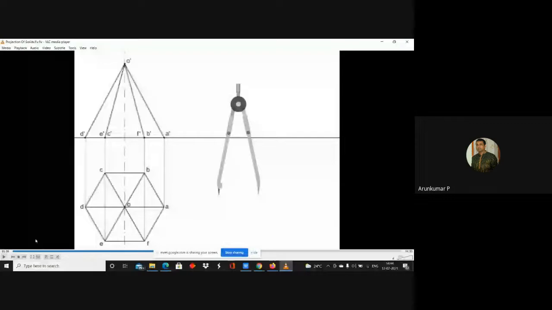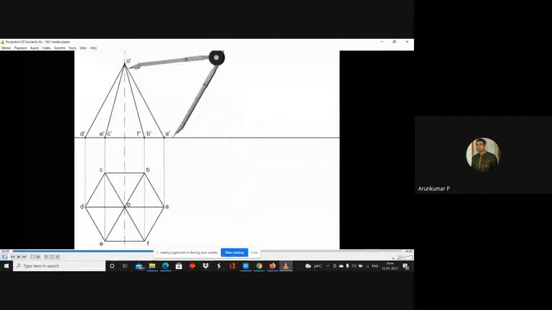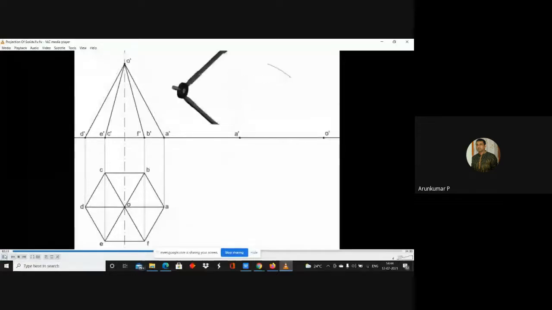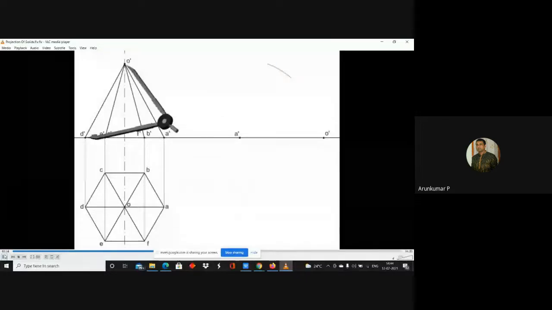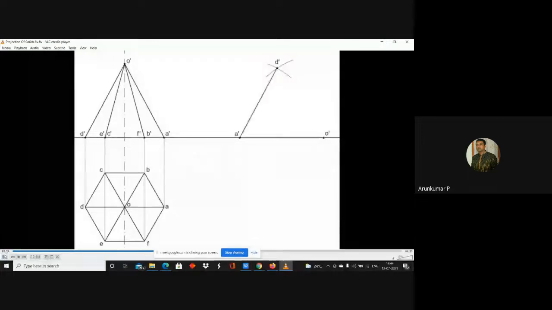Using a rounder, you measure OA, put it on the XY line, and then you measure A dash D dash, mark an arc. Then you measure O dash D dash, cut the arc. So that's it. You got D dash, complete the triangle. And then locate E, C, F, and B on HP. So one lateral edge is on HP. This is your second step front view.